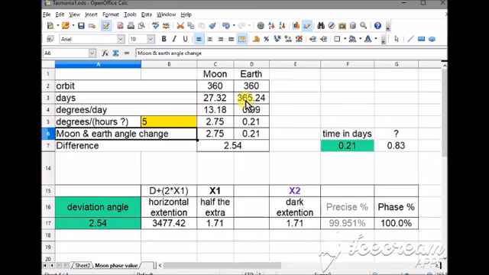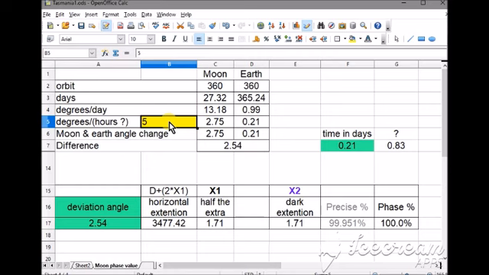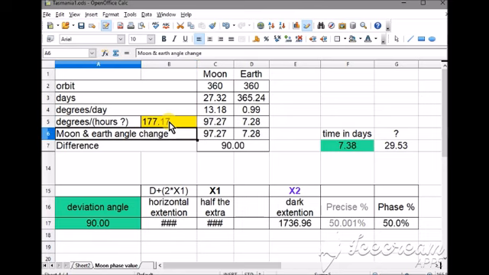Now I was playing with this application that I made, and I had an idea. Right, so the deviation angle is 90, and by logic that would mean that half of the moon is visible to us, or half of the moon is lit. And in days, that is 7.38.